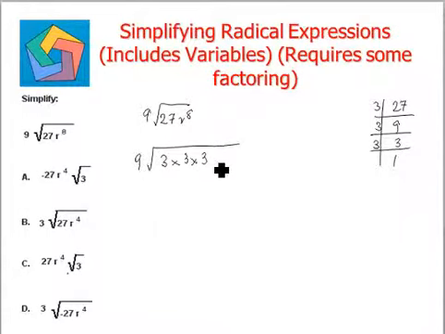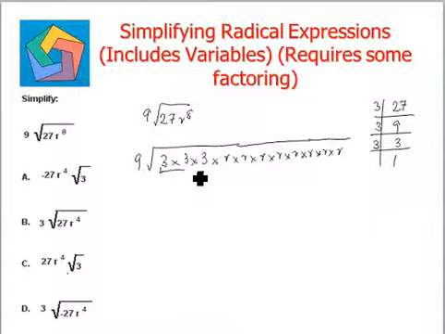R to the power of 8 can be written as r 8 times: 1, 2, 3, 4, 5, 6, 7 and 8. Now the index is 2, so we'll make groups of 2. So 2, then another pair, another pair, another pair and another pair.